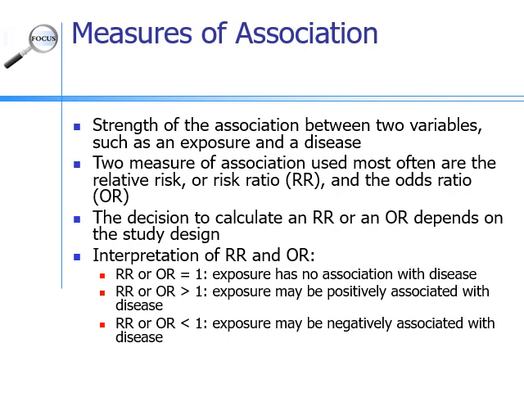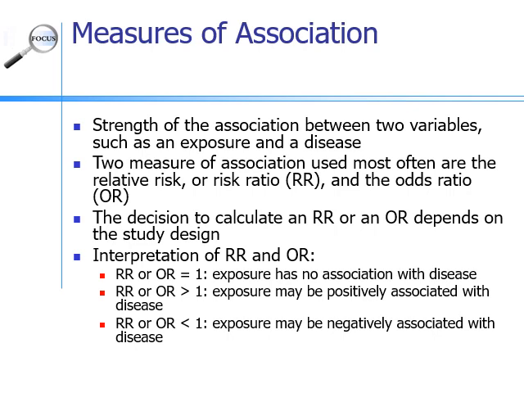So measures of association tell us the strength of the association between two variables such as exposure and the disease. Two measures of association that we use most often are the RR, or relative risk, which others call the risk ratio, and the odds ratio, OR.